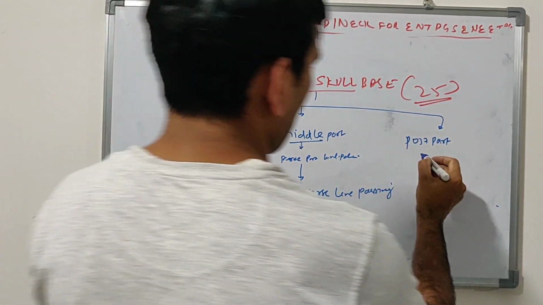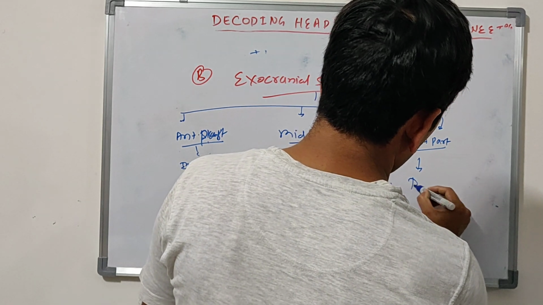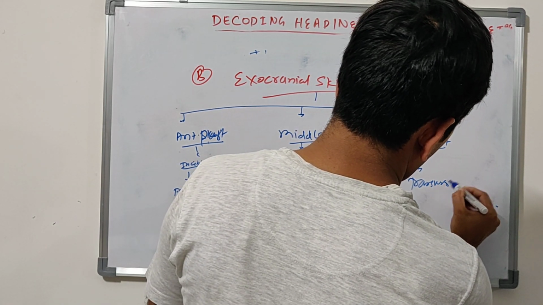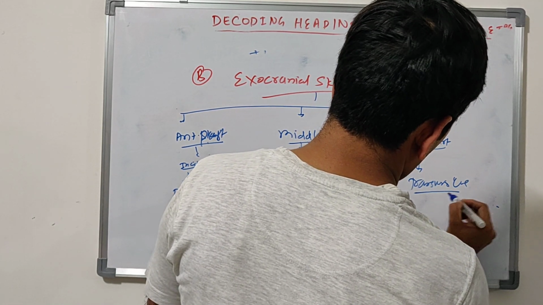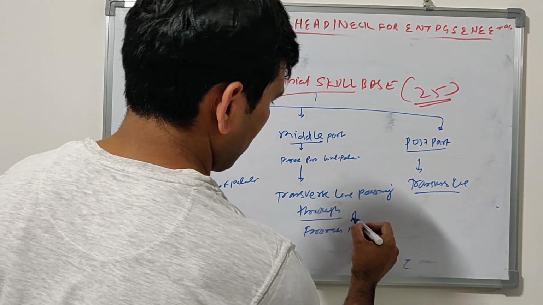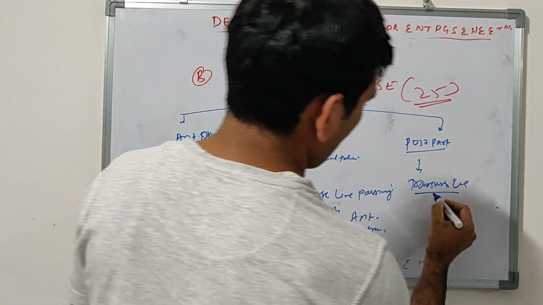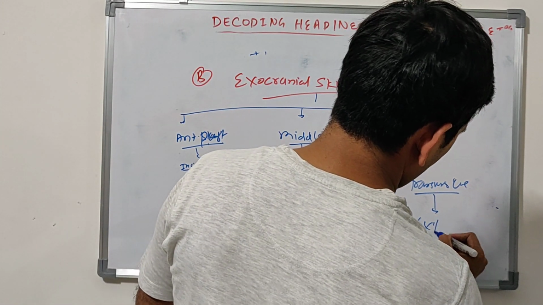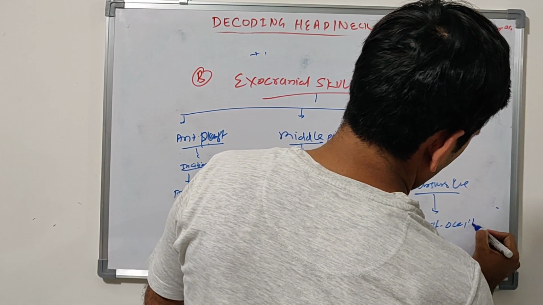The posterior part is behind the transverse line passing through the anterior margin of the foramen magnum to the external occipital protuberance.